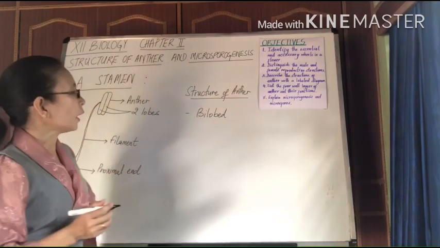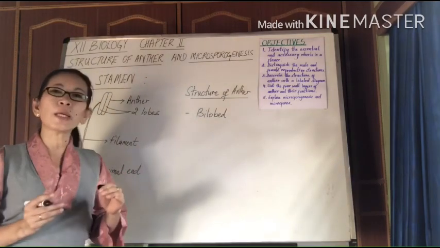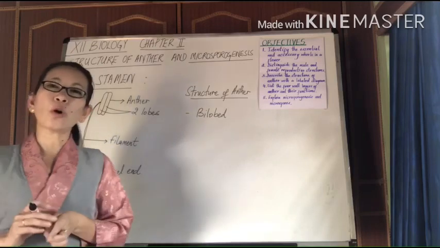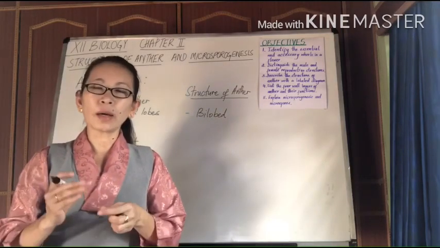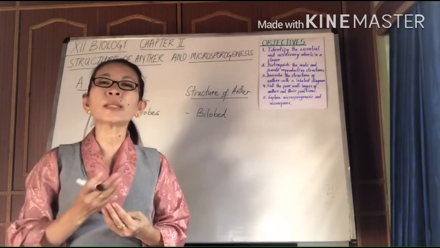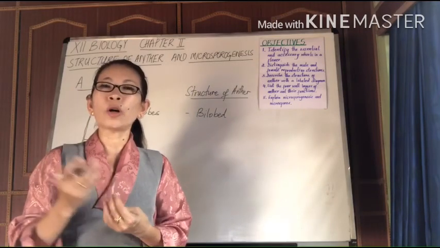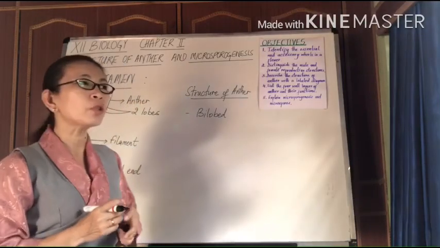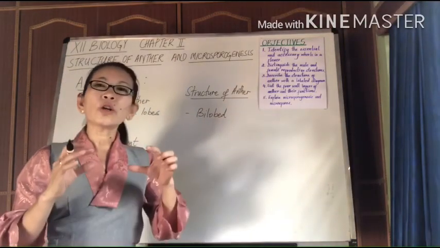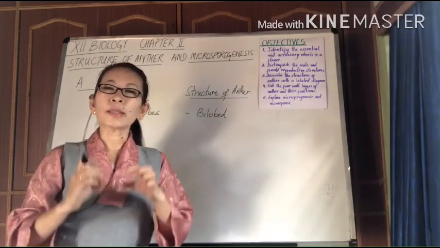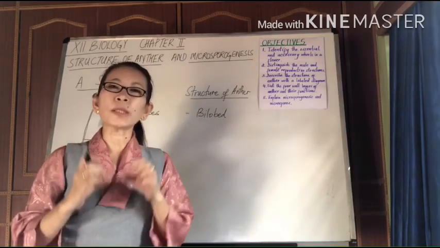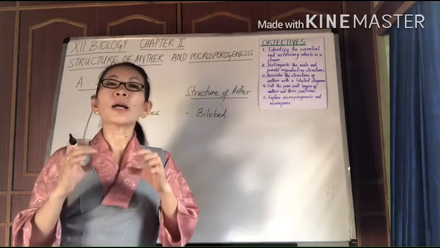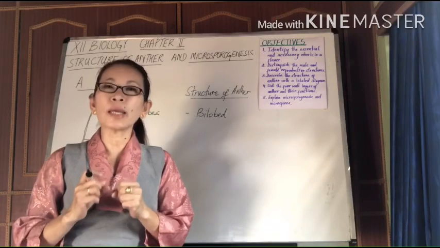And if we try to go into the internal structure of the anther, which means if we take a cross section of the anther, or if we cut the anther transversely, we will be able to see not only the two lobes, but inside each of the lobes there are compartments which are known as theca.